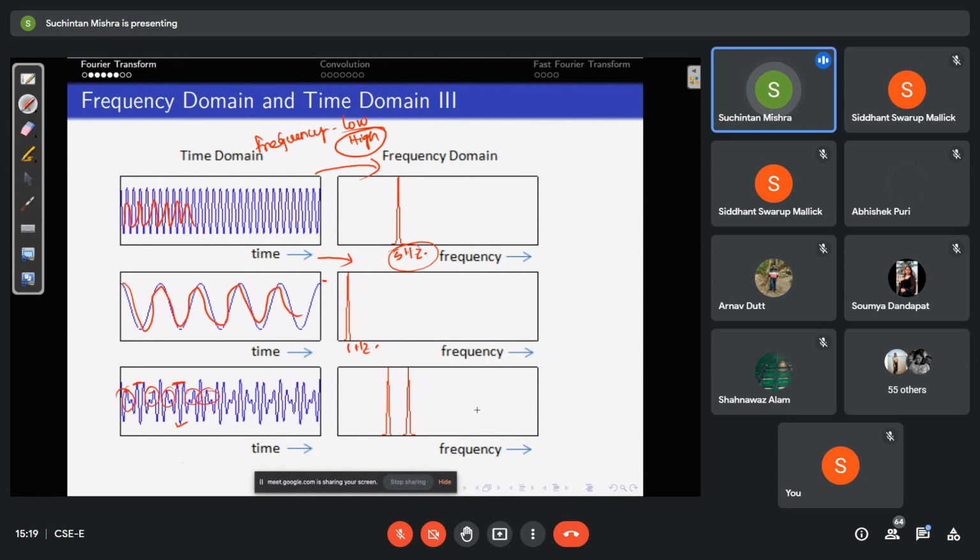Now if you see the corresponding frequency domain representation, there are two frequencies, one higher frequency and another lower frequency. So this is how a signal is represented in its time domain and in its frequency domain.